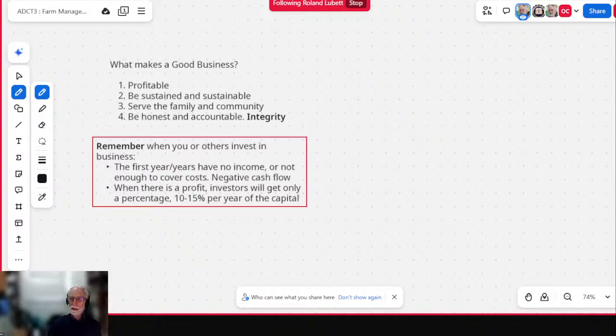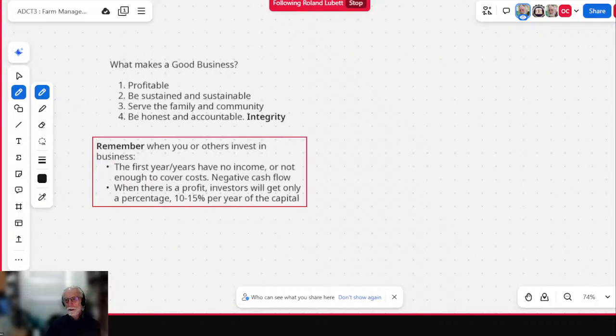Suppose you're lucky, you'll get 10 or 15%. You won't get all your money back. If you've invested 100,000 kina, maybe after a few years, you get 6, 8, 10, 12,000 as your share of the profits.